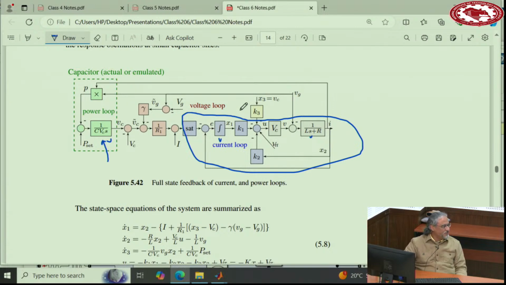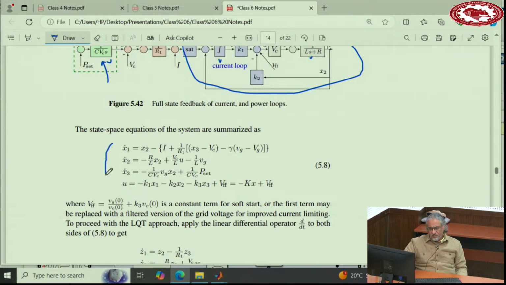This is a full state feedback. Otherwise, it's partial feedback. Now, if you have full state feedback, all those theorems are valid, and they are guaranteed. If you have partial feedback, they may or may not be valid. But if you have full state feedback, that means now you can move the poles anywhere you want, and then you can shape the response, and you can remove the oscillations. That's basically what is done.